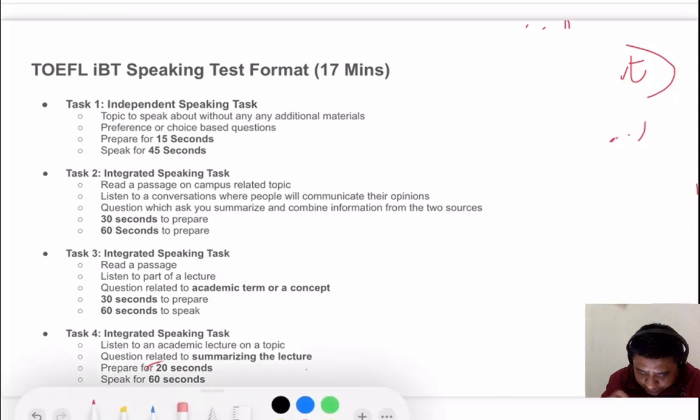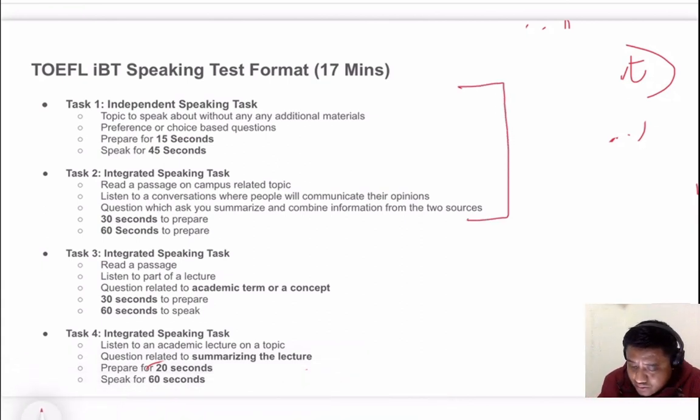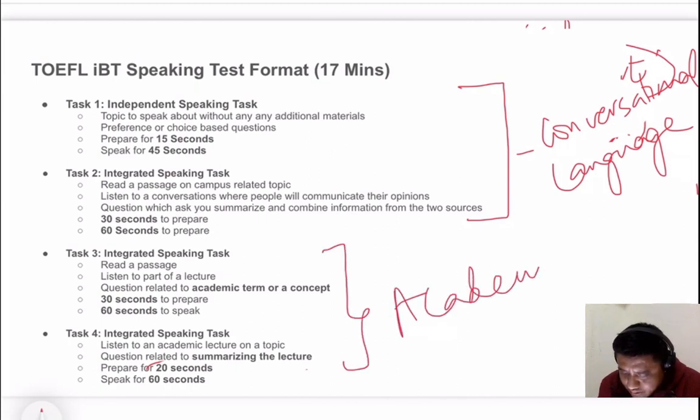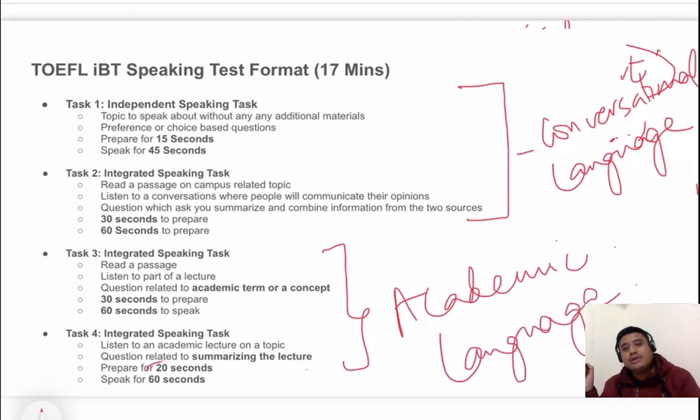When you sit for task 1 and task 2, we're talking about conversational language, because these are not related to any academic topic. But task 3 and task 4 are academic language, because they deal with a particular academic topic. So this is how they have formatted the TOEFL iBT speaking test.